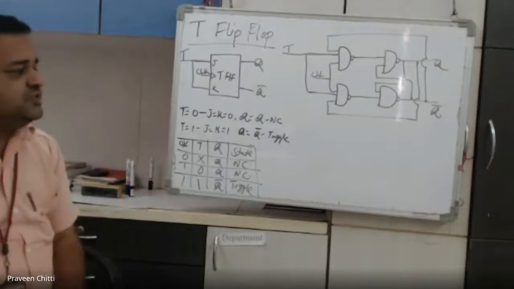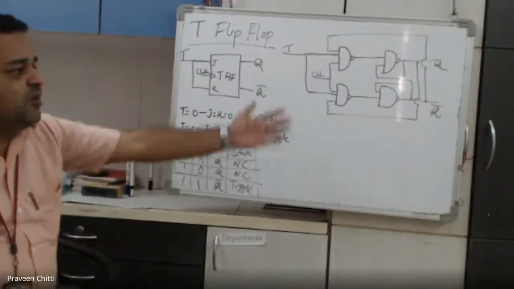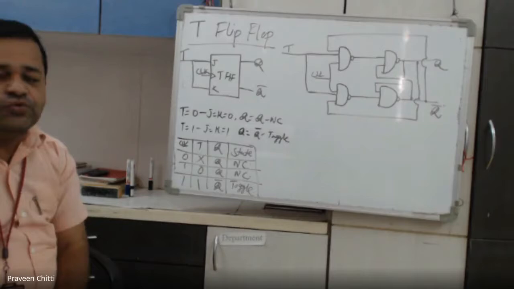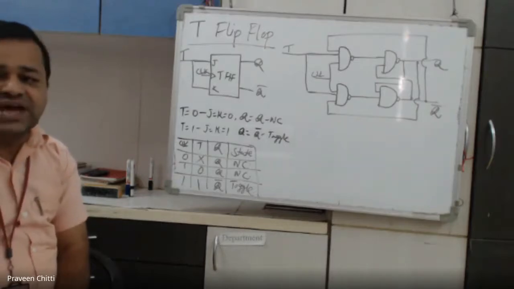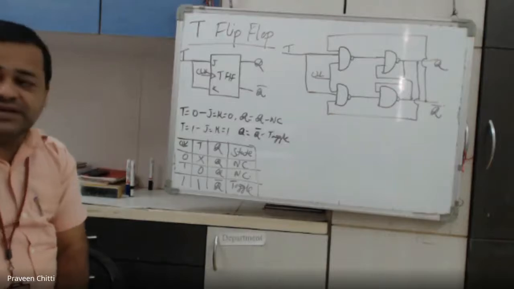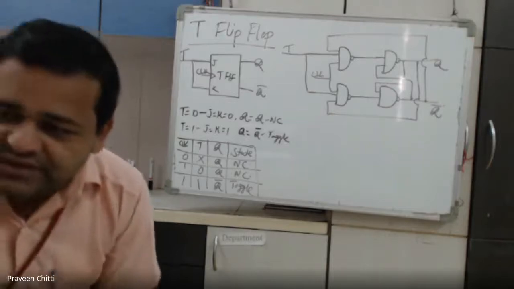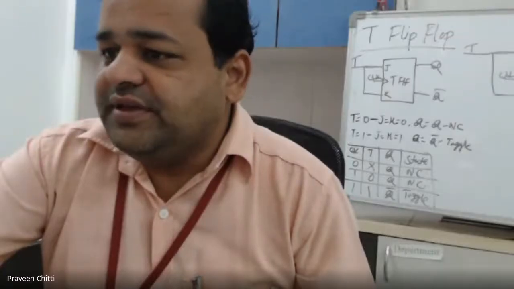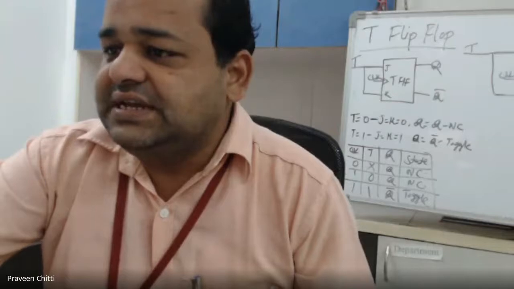All of you understood what is the block diagram of a T flip-flop and how a T flip-flop functions and why it is called a toggle flip-flop. Is that clear? All of you understood the workings of all the 4 flip-flops which we have studied so far? Yes, sir. All the 4 flip-flops we have discussed in detail.